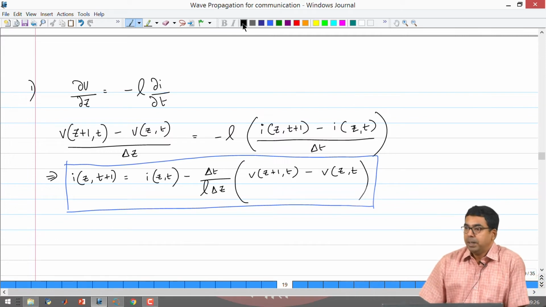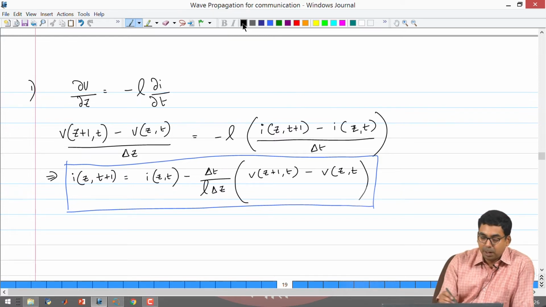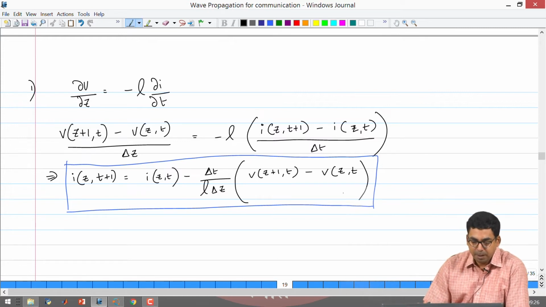This is going to be the difference form of the first telegrapher's equation. So I of z comma t plus 1 is the quantity that you want to calculate. I of z comma t is the quantity that you are already aware of at the current position, and then you have to take some voltages at neighboring points.